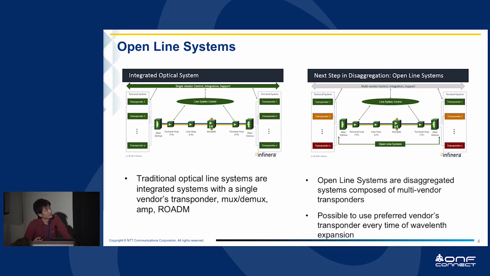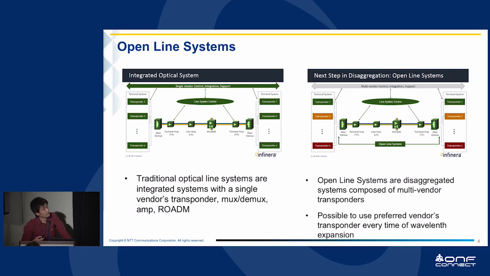And it reduces the complexity of the software integration of the line system, because we can delegate some complex optical management features like power control and power simulation to the vendor's proprietary line system controller.